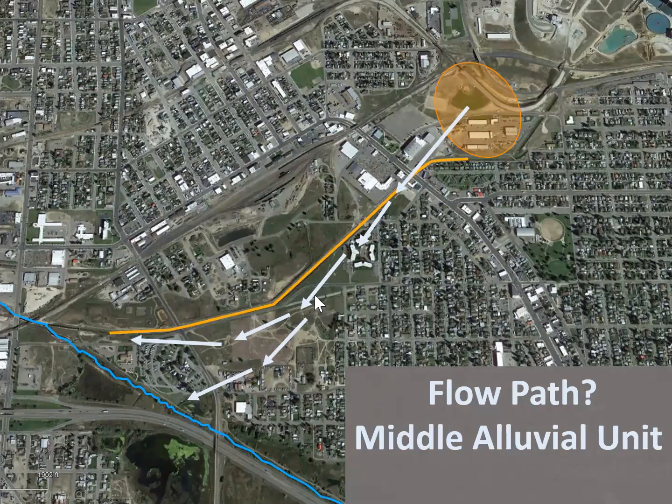And so you probably have water that's being affected by the subdrain and there'd be a lot of flow lines that are headed straight into the subdrain. At least the aquifer very close to the subdrain, it's all going to the subdrain. But there seems to be another flow path that would come down here and intersect Blacktail Creek.